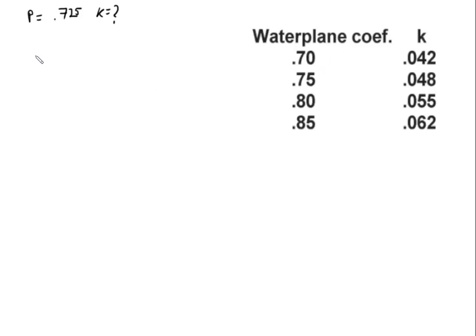Here's my P, here's my K. I've got 0.70 and 0.75, and I'm going to write in my K's over here, 0.042 and 0.048.